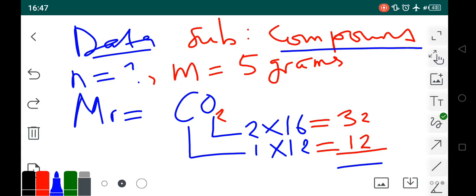Now, once we add the two numbers, we get 44. So that's 44 grams per mole, our relative molecular mass for the compound.